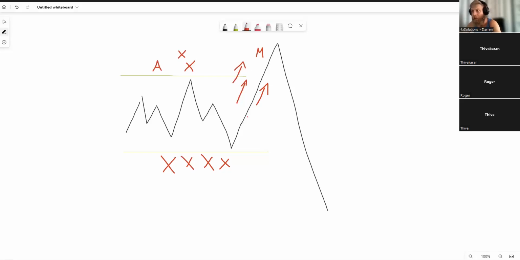But in actual fact, what's happening is that price is manipulating, taking the buy side liquidity or the buy stops, and then reversing to go lower. Both ends of the spectrum are knocked out: the buyers get knocked out as price moves down, and anyone that was in a sell also got knocked out.